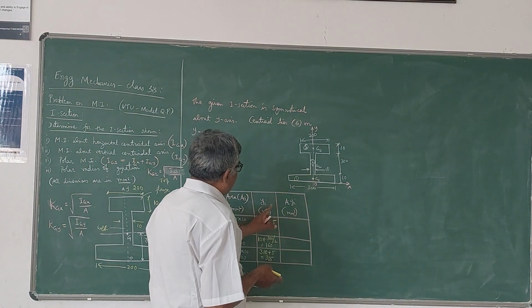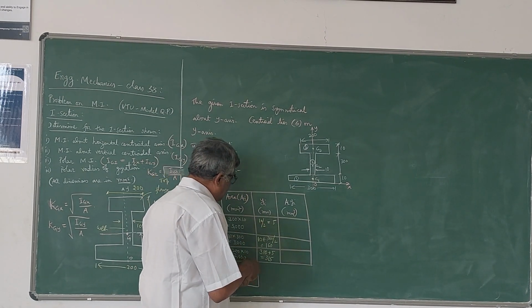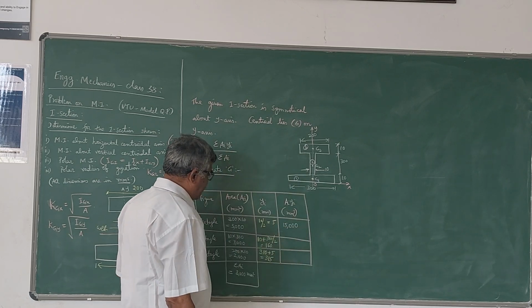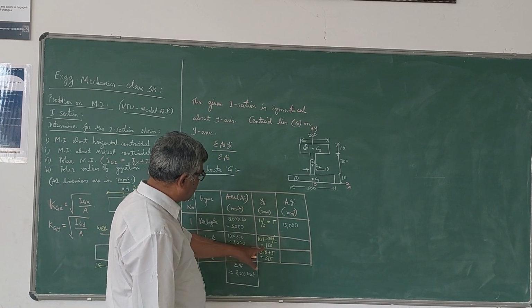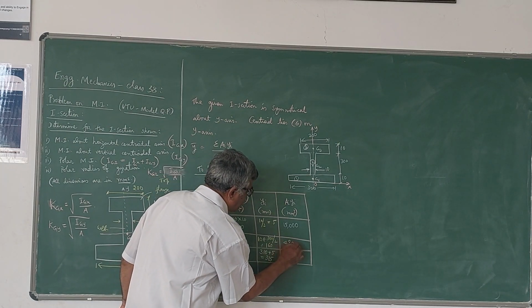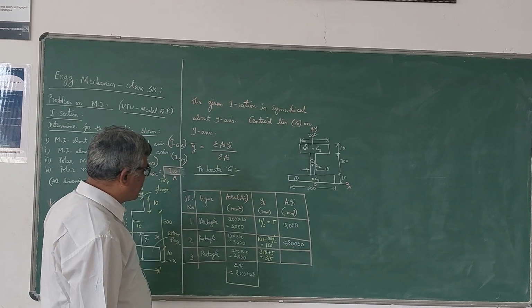Now I have to take the product of these two. 3000 into 5 comes out to be 15,000 millimeter cube. The second one is 3000 into 160, which is 48 followed by 4 zeros. Be careful in the calculation.